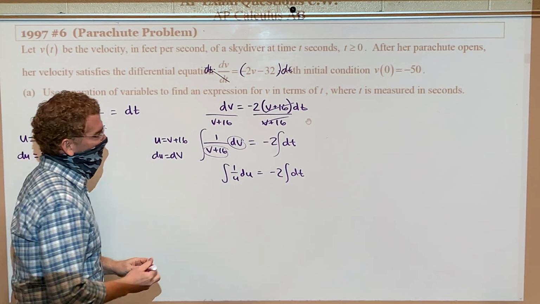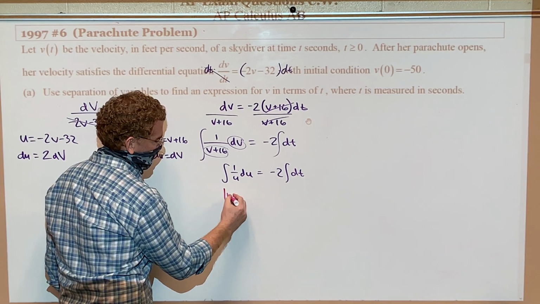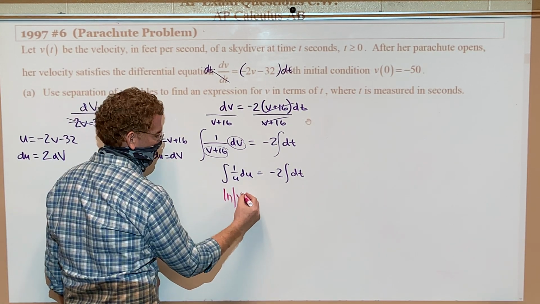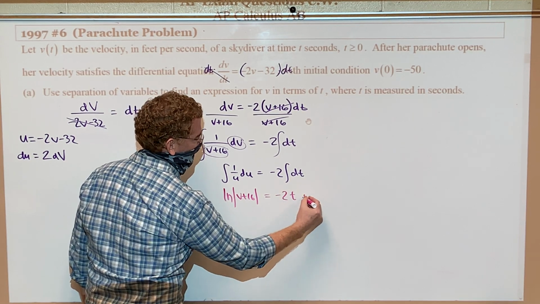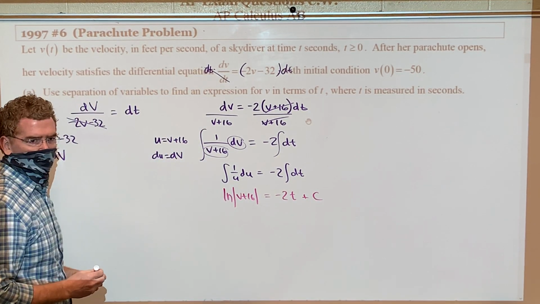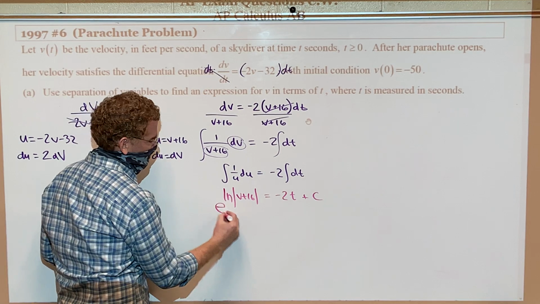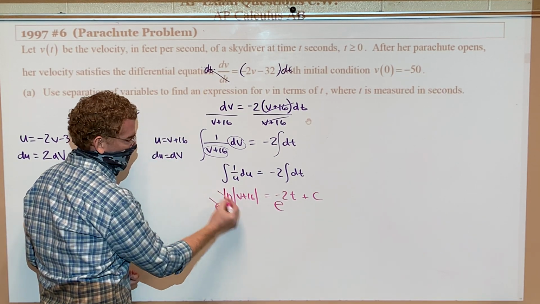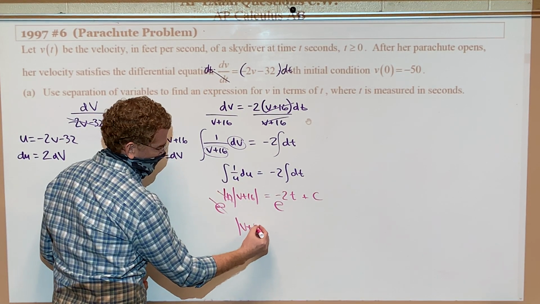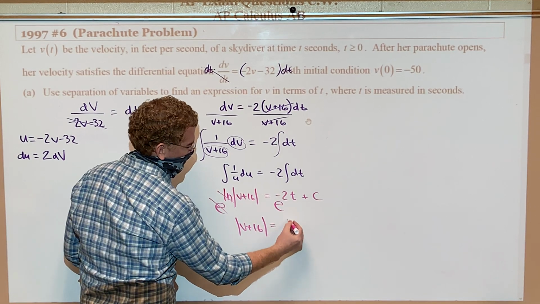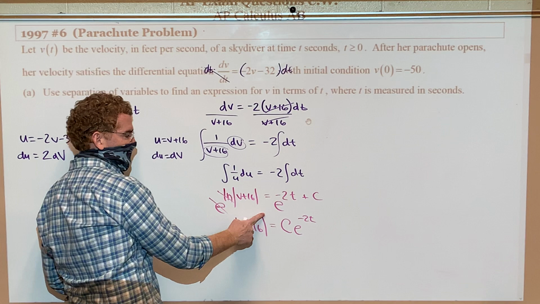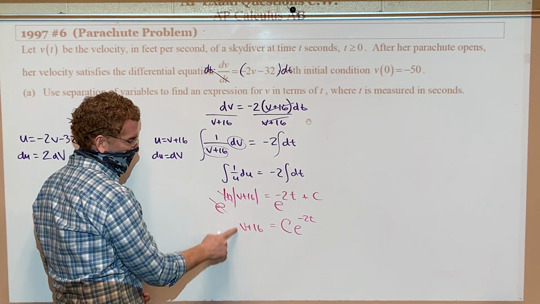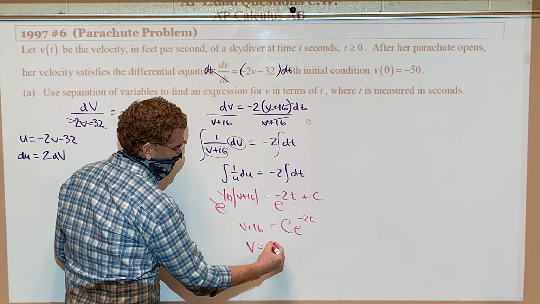So you can see right here, I integrate and I get natural log absolute value of u, negative 2t plus c, and then I'm going to e both sides and I'm on my way. But I kind of want to show you, swing the c over, let the c eat the plus or minus, and then subtract the 16.